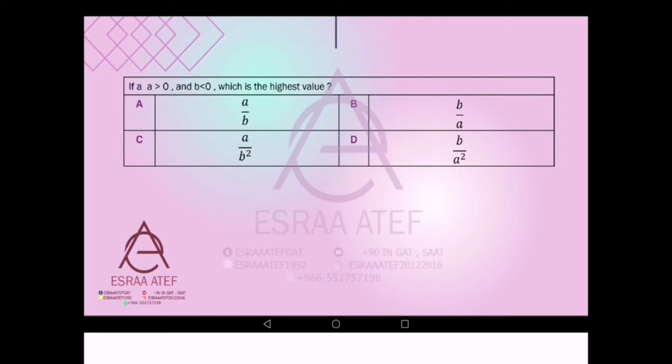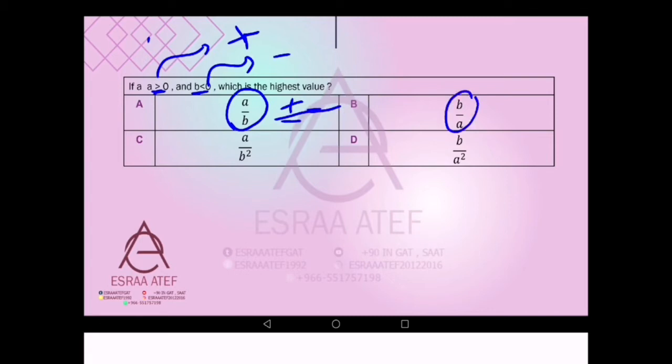Okay, here we have A, which is bigger than 0, and B less than 0, and he asks which one is the highest value. A is a positive number, and B is a negative number. So all of these will give us a negative number. Why? Here, positive over negative gives us negative.